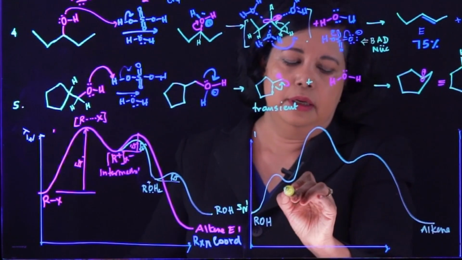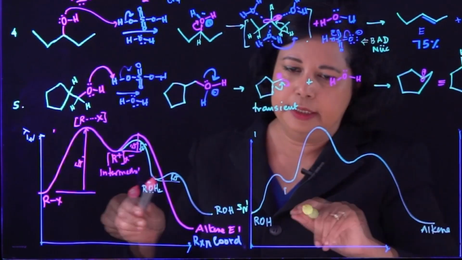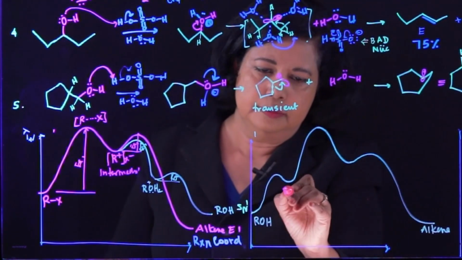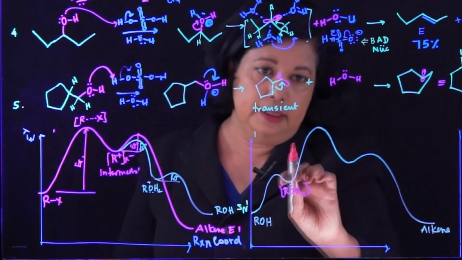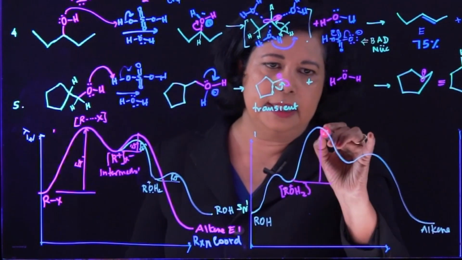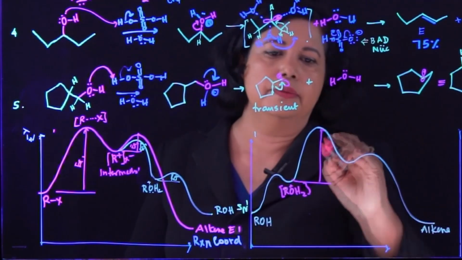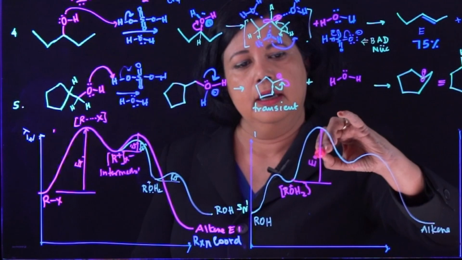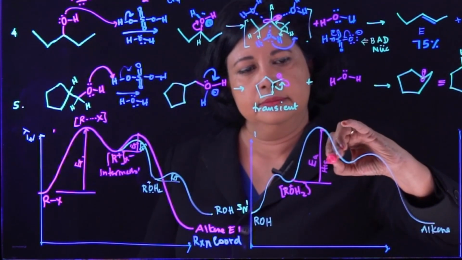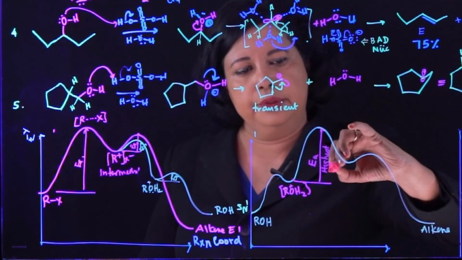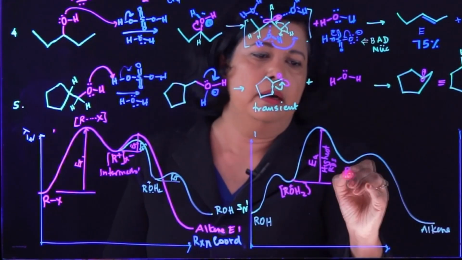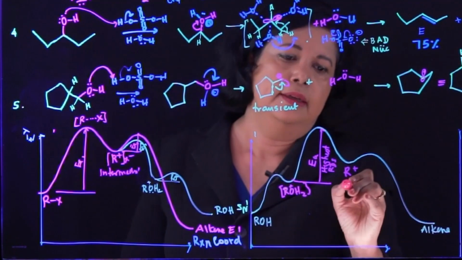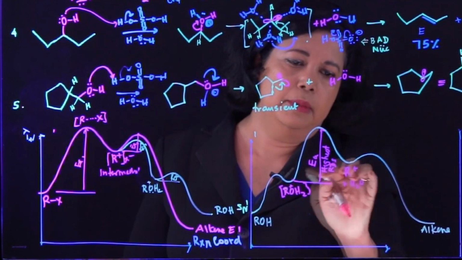So here's your ROH2 intermediate. And this is your highest activation energy among all of these. Therefore, this is your rate determining step. It's going from this to an R plus, and your water molecule comes off.